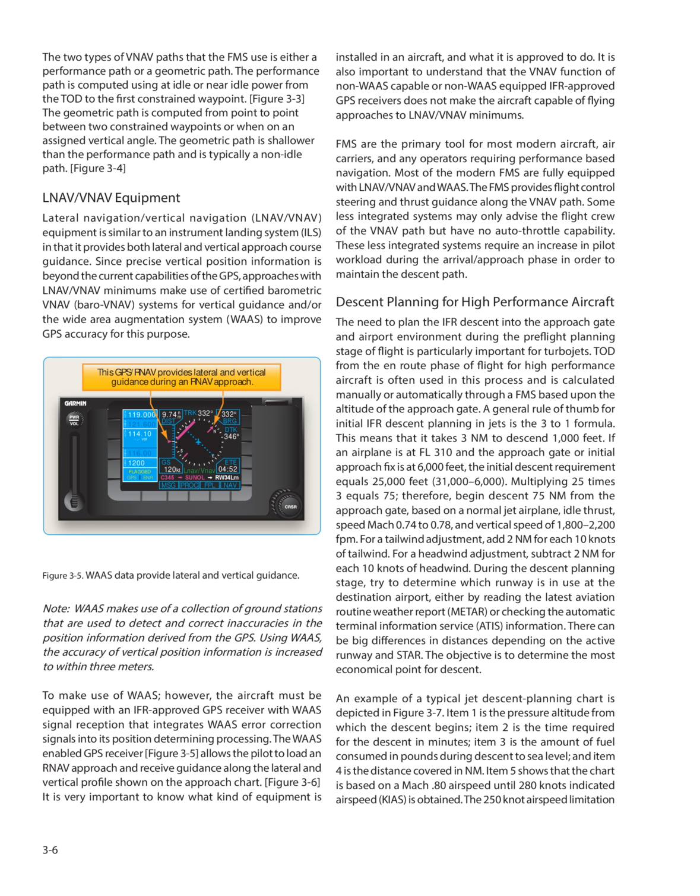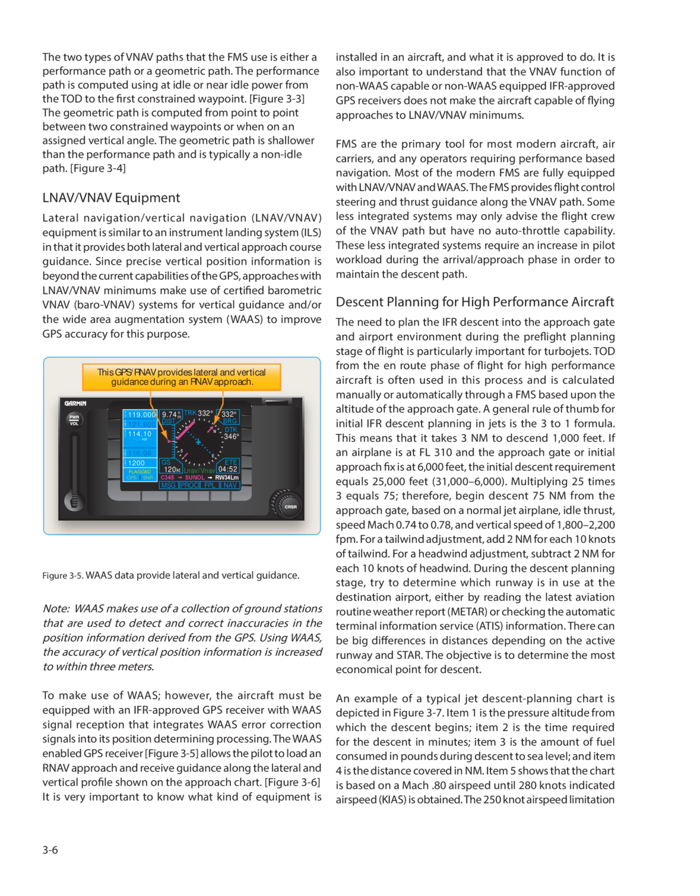Multiplying 25 times 3 equals 75, therefore begin descent 75 nautical miles from the approach gate, based on a normal jet airplane, idle thrust, speed Mach 0.74 to 0.78, and vertical speed of 1,800 to 2,200 fpm. For a tailwind adjustment, add 2 nautical miles for each 10 knots of tailwind. For a headwind adjustment, subtract 2 nautical miles for each 10 knots of headwind.